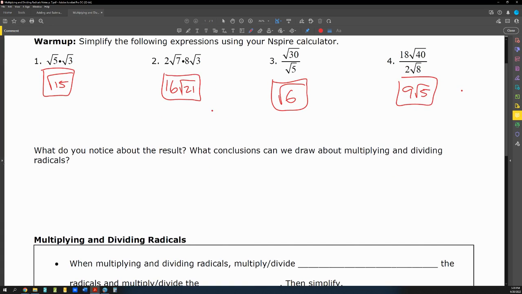What I notice is that we only multiply or divide the number in front of the radical or the radicand with each other.